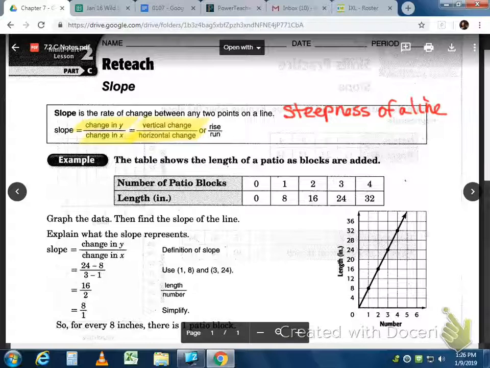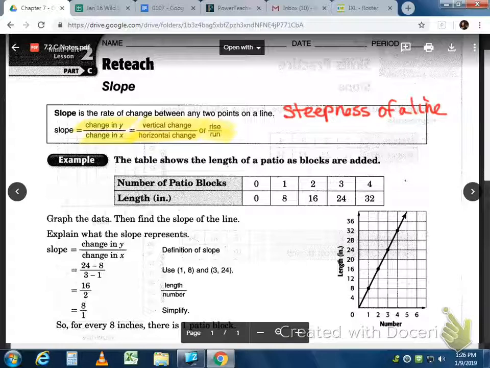And more importantly, you're going to hear this a lot. It's rise over run. Now, they don't go so far as to give us the slope formula, but we might actually work on that a little bit. All right, so we're talking rise over run, the steepness of a line.